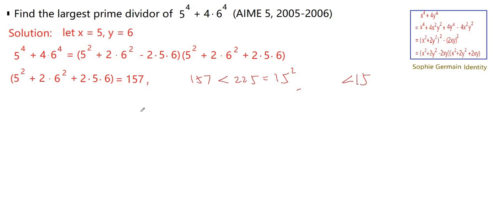Could any of them divide 157? 3, 7, 11, 13. We know none of them can divide 157, so it is a prime.